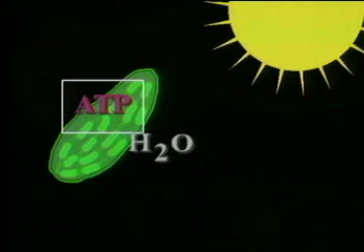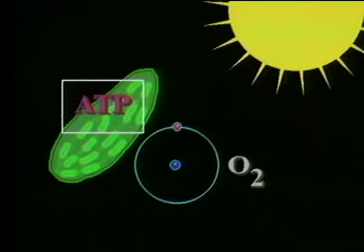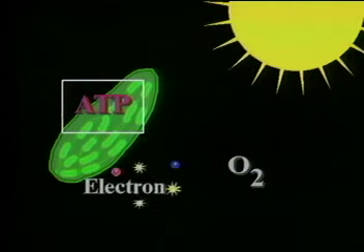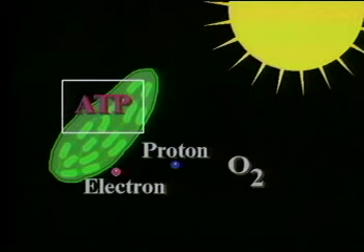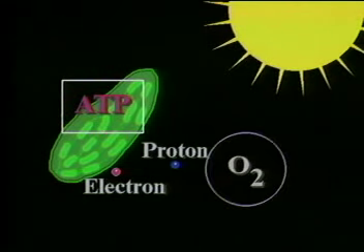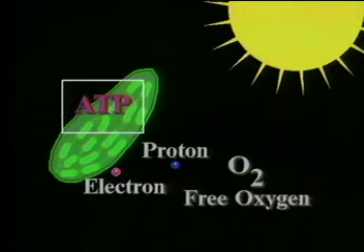Next, something important happens to the water molecules present in the chloroplast. They are split into oxygen and hydrogen, and the hydrogen is split further, separating the single electron from its proton. The oxygen so produced is free oxygen, and some of it will escape into the atmosphere.